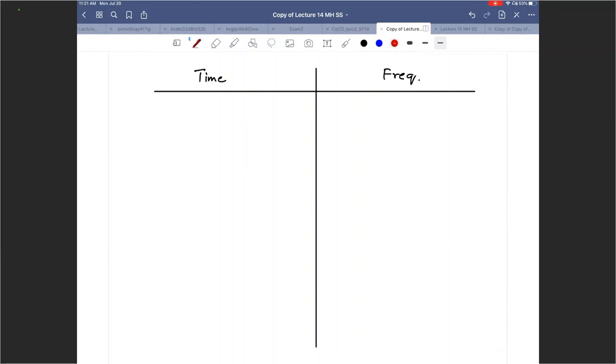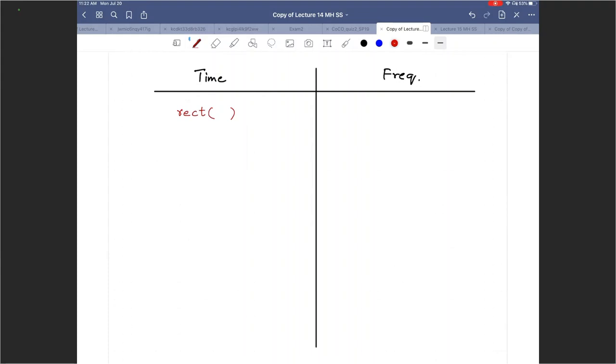So I will write a function in time, just a function without all the details. I'm just going to name the function, and I'm going to ask you guys to say something about the function in the frequency domain. So you have the time domain on the left side, the frequency domain on the right side.